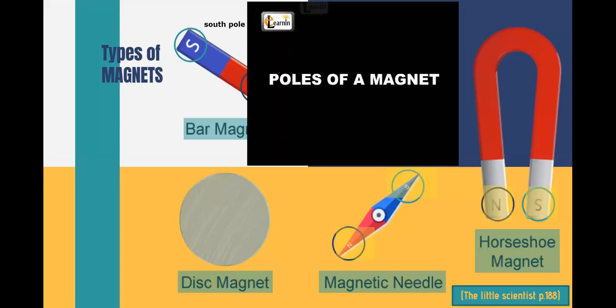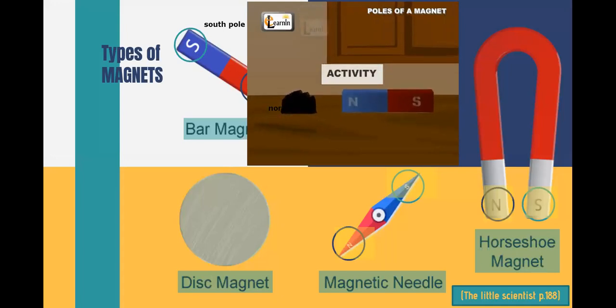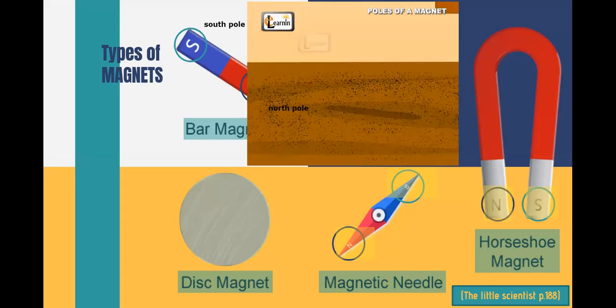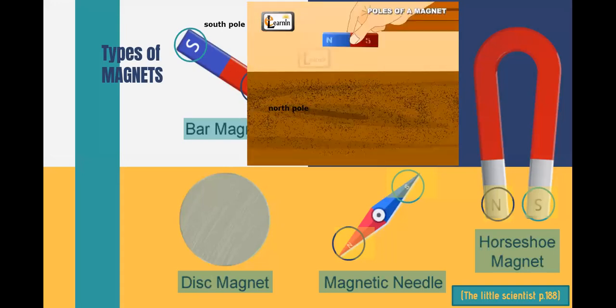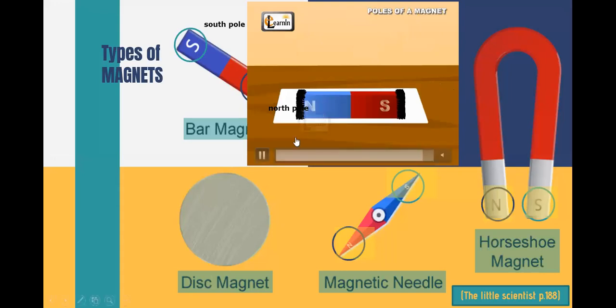If you use a bar magnet with iron, you know that iron is a magnetic material. Here we have iron powder on the table. We'll be using a bar magnet. If we put the bar magnet next to the iron powder, you will see that all of the powder will stick on the poles and none on the middle.